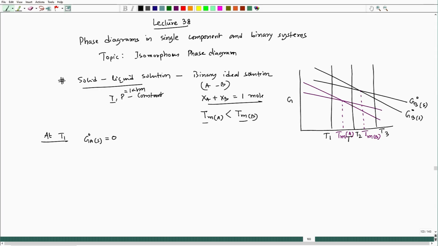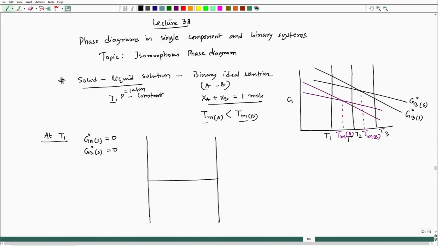Accordingly, I would see the position of G A naught liquid, and similarly G B naught solid will also be taken as 0, and here T1 is less than T m A. Now, if I try to look at the free energy plot, G versus X plot.